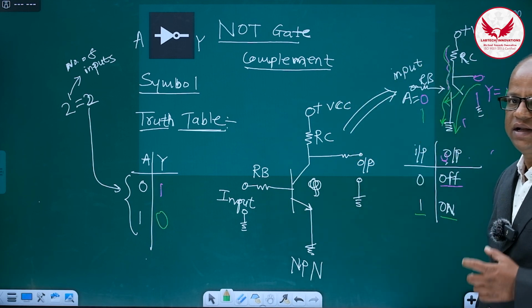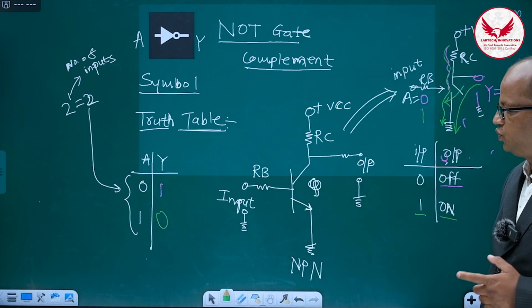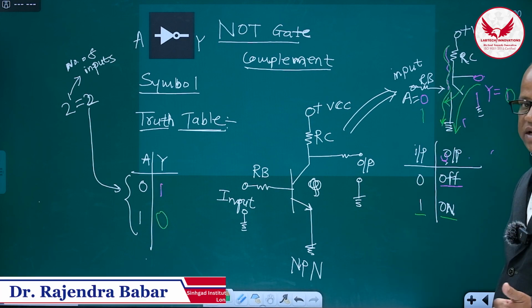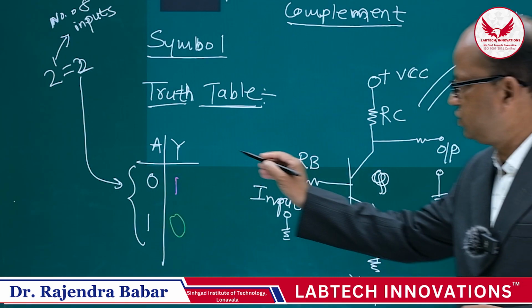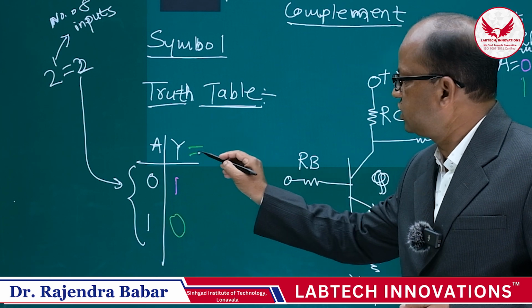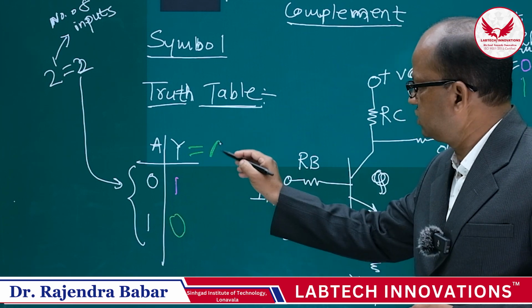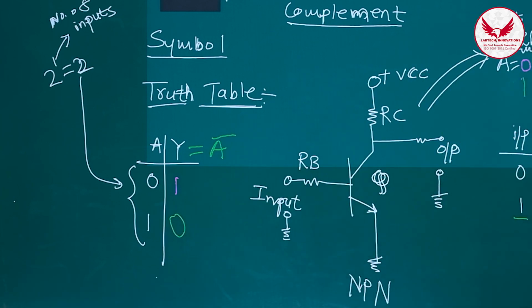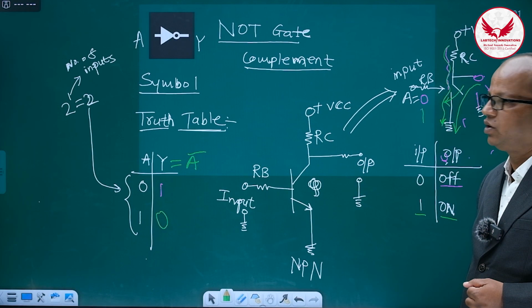In this way, I'll get the complement of the input. If 0 is the input, I'll get 1 as output. If 1 is the input, I'll get output equal to 0. That means simply in case of the NOT gate, the output is the complement of the input. In this way, one can represent the NOT gate. Thank you.